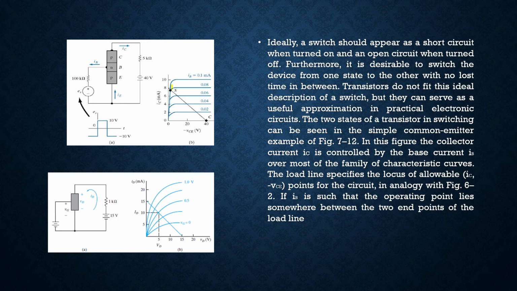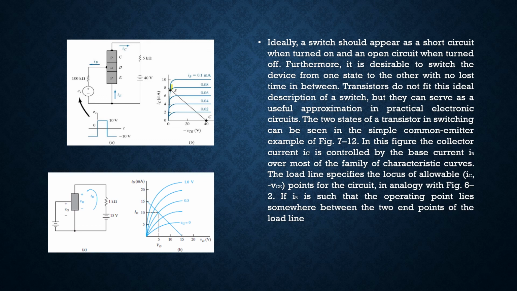The difference between those two figures is that there we controlled the drain current by varying the gate voltage, while here we have controlled the collector current with the help of the base current.